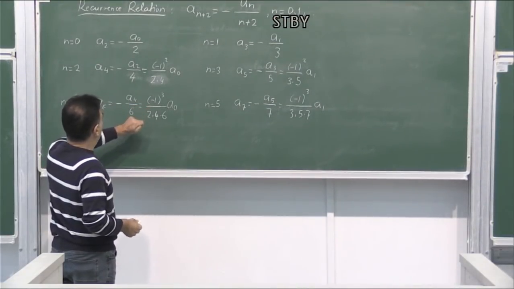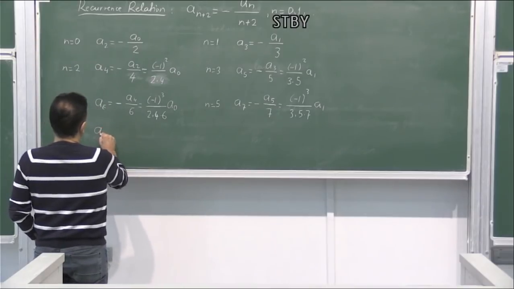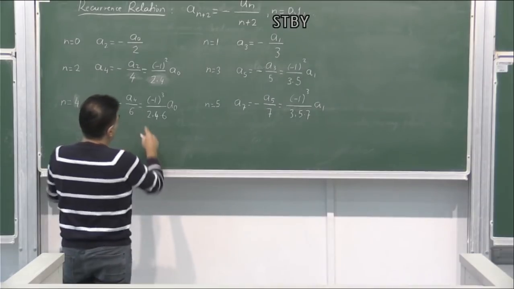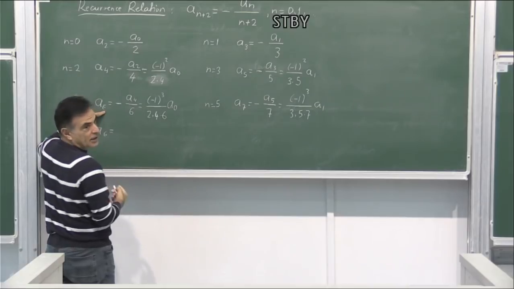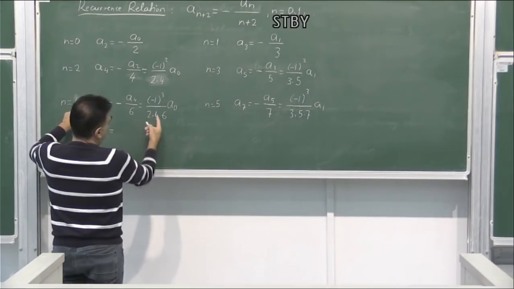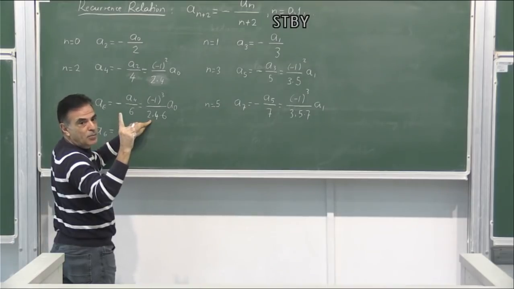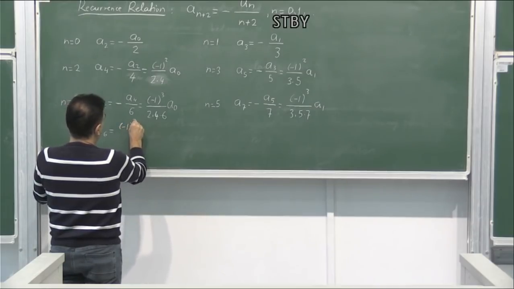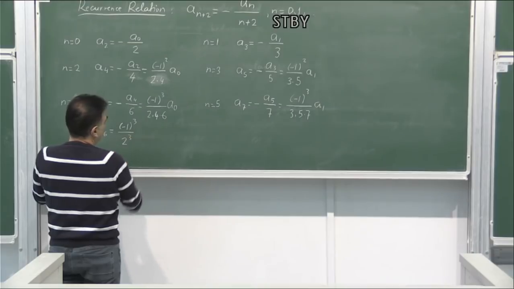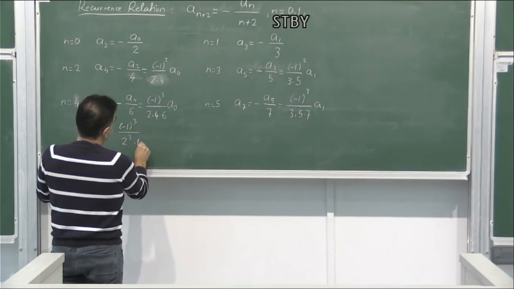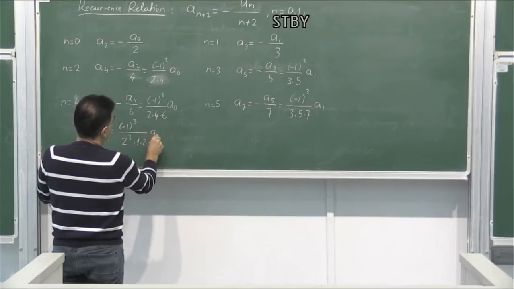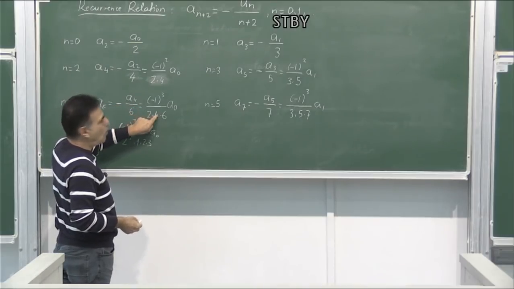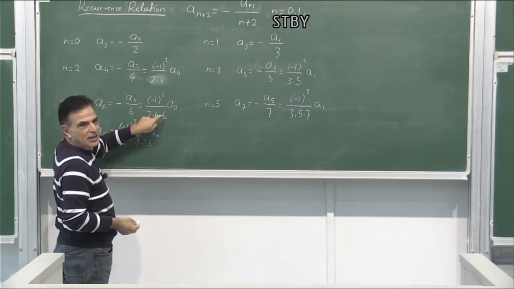What is this, in fact? Look, a6 may be written as, look, there are 3 factors in a6. Each factor contains a product 2, because they are all even. So we have minus 1 cube over 2 cube times 1, 2, and 3 a0. I mean, I write 2 as 2 times 1, 4 as 2 times 2, and 6 as 2 times 3.